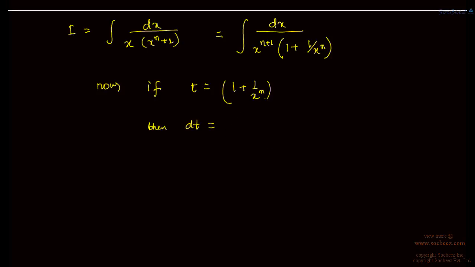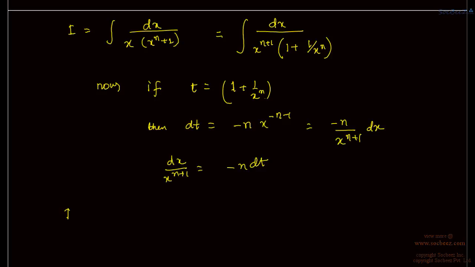So we have dt, differentiating this with respect to x. Differentiation of 1 is 0 and then differentiation of x to the power minus n is minus n x to the power minus n minus 1, which is nothing but minus n upon x to the power n plus 1. So we can write into dx. So we can write dx upon x to the power n plus 1 as minus dt upon n.